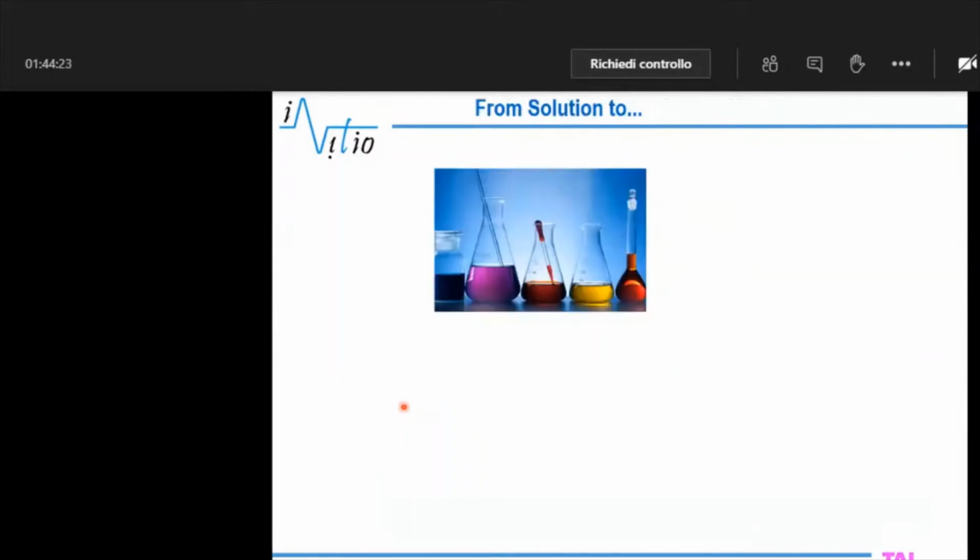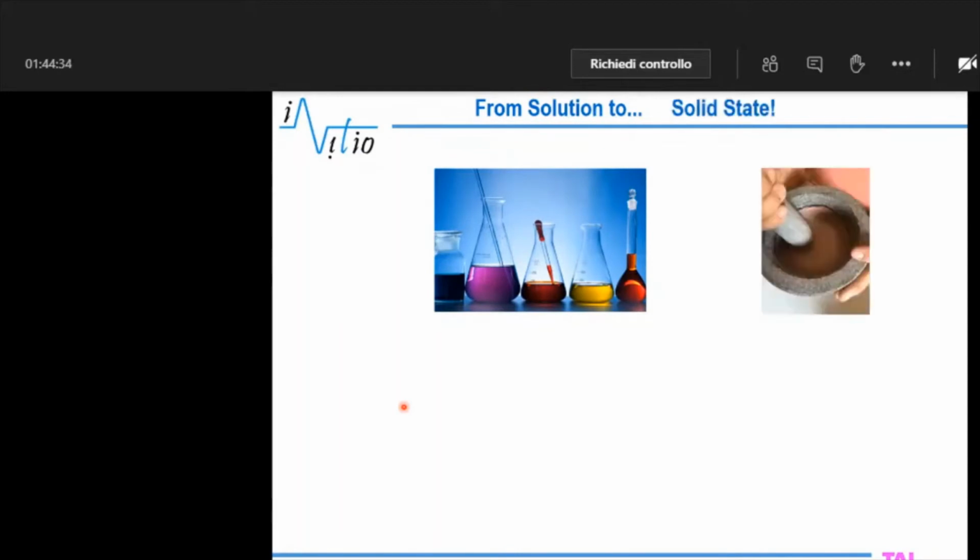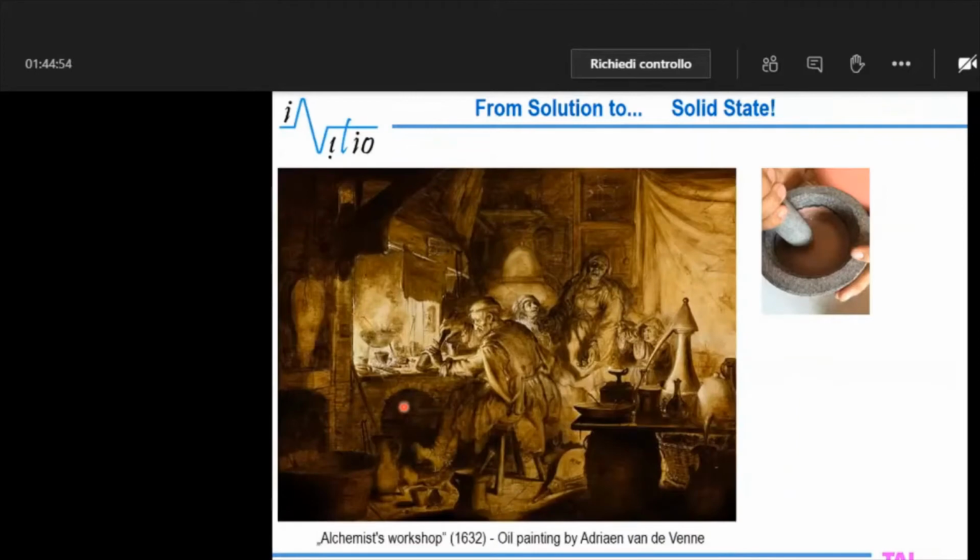And it might look pretty weird from the perspective of conventional modern chemistry, but if you go from solution to actually solid state, it might be pretty advantageous to increase your chemical yields and also to avoid any solvents. It looks weird because modern chemistry, as you know, is totally solution-based, but we have to recall how chemistry started, right?